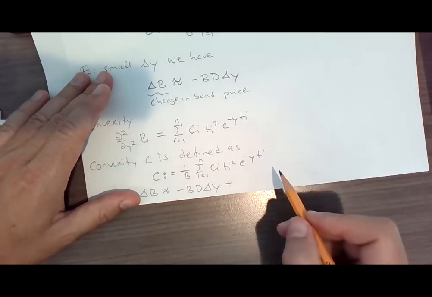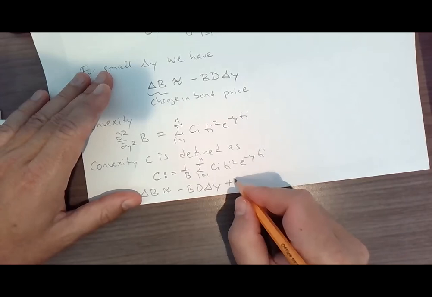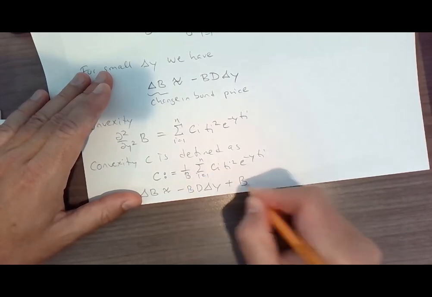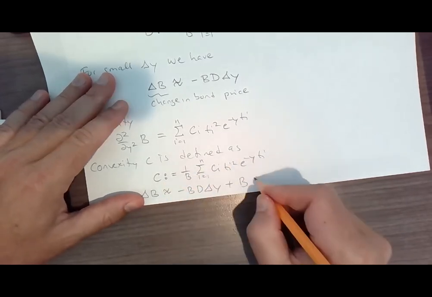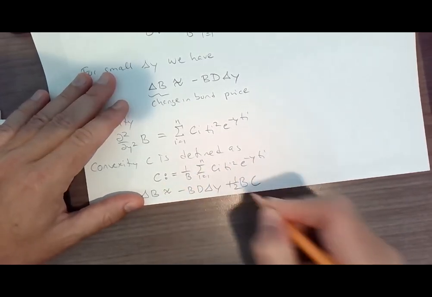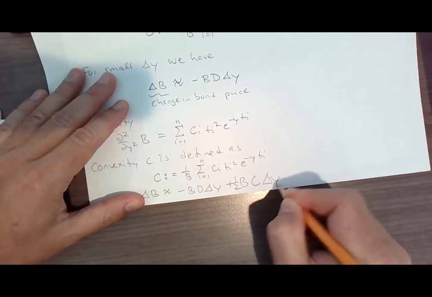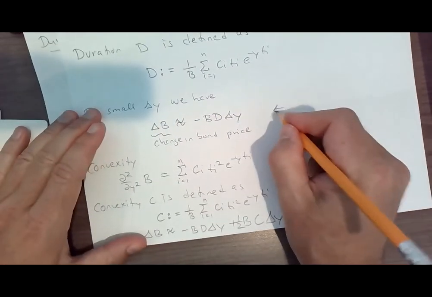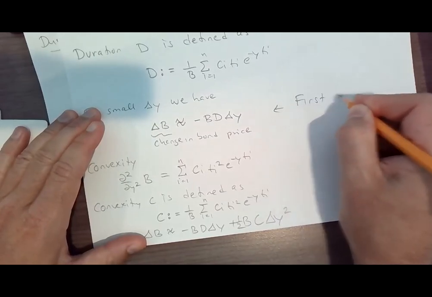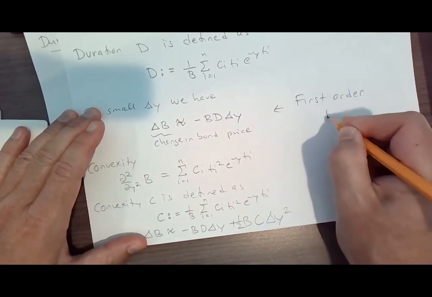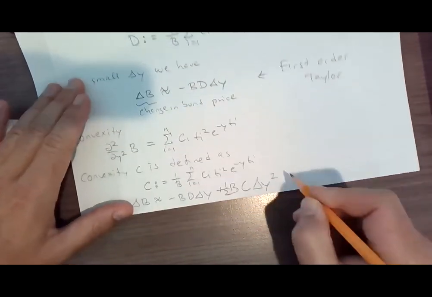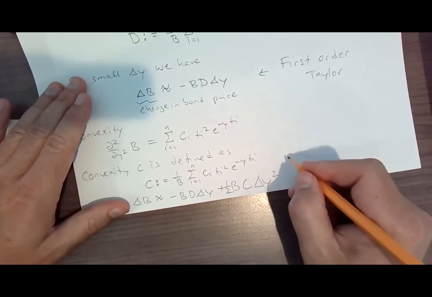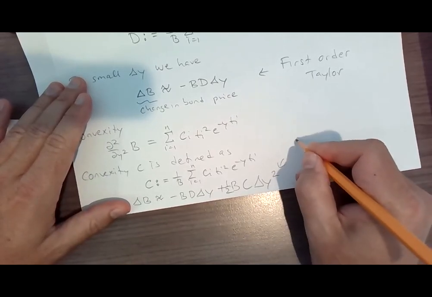If you want to go one order up with Taylor, you need a B squared. So we only have one, so there'll be a B there. And then there'll be a C, and that's probably a half from Taylor, and then delta y squared. Right, so this one here is the first order Taylor. And when you take the second order effect into account, this one here is second order.